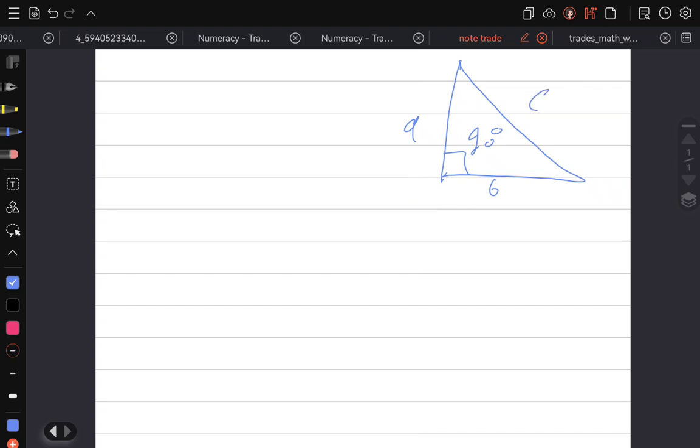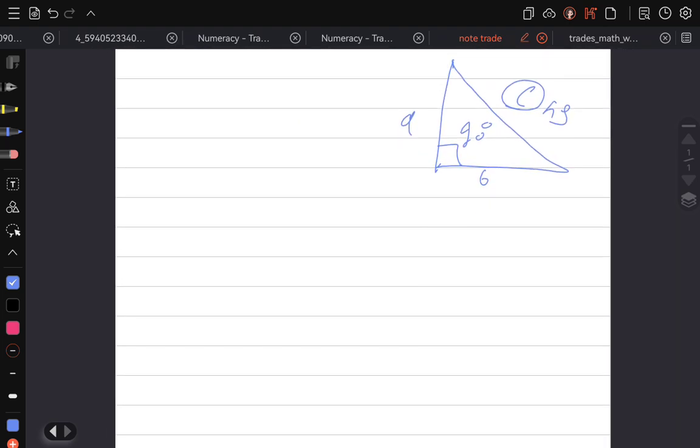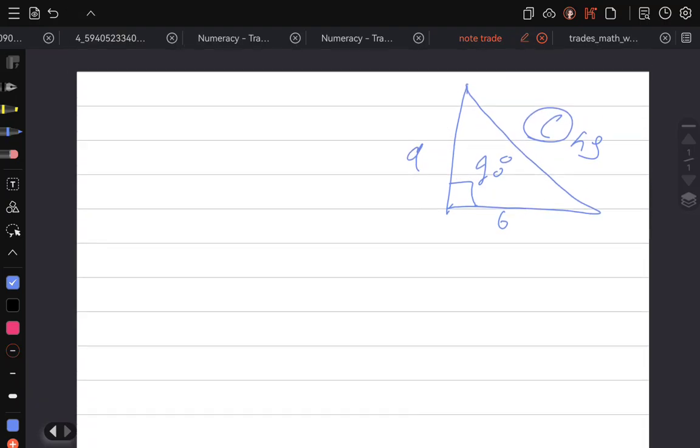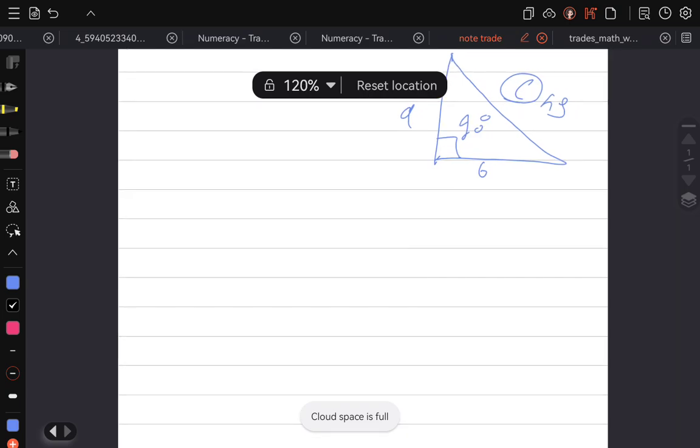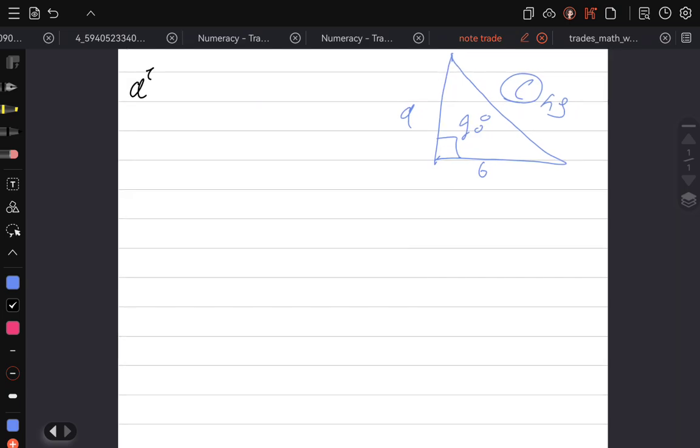And this one is C. These are the formulas that you need to memorize. The first one, let's write it big: A squared plus B squared equals C squared.